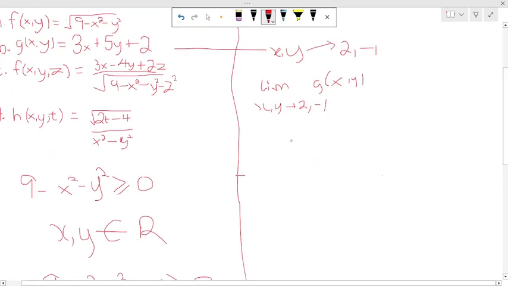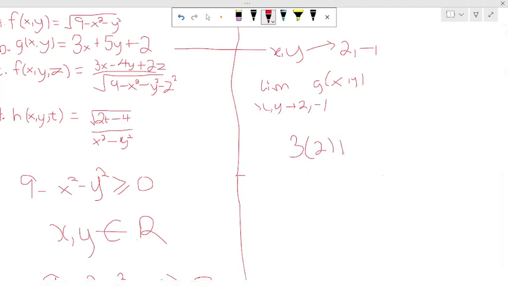So now we are going to get 3 multiplying 2 plus 5 multiplying negative 1 plus 2.